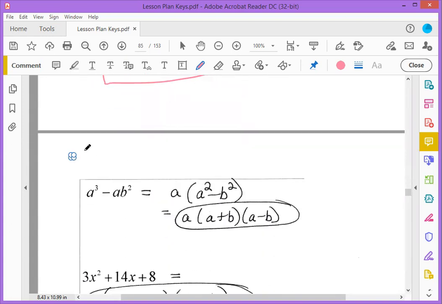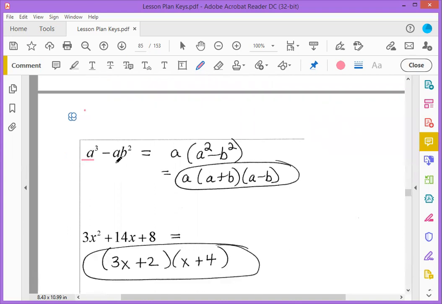All right, in the next example, we have a GCF. We have an a that we can factor from both of these terms. When we factor a from a cubed, we get a squared in parentheses. And when we factor a from this minus ab squared, we get minus b squared in parentheses.